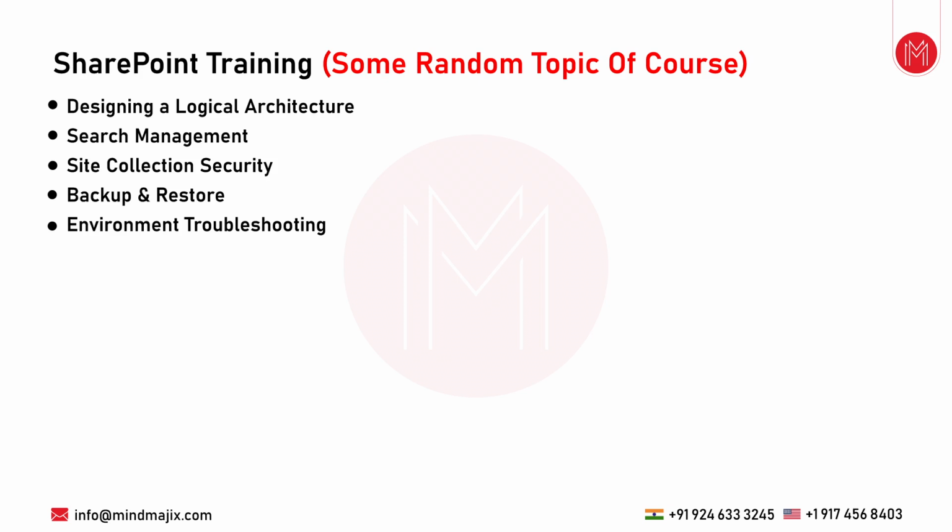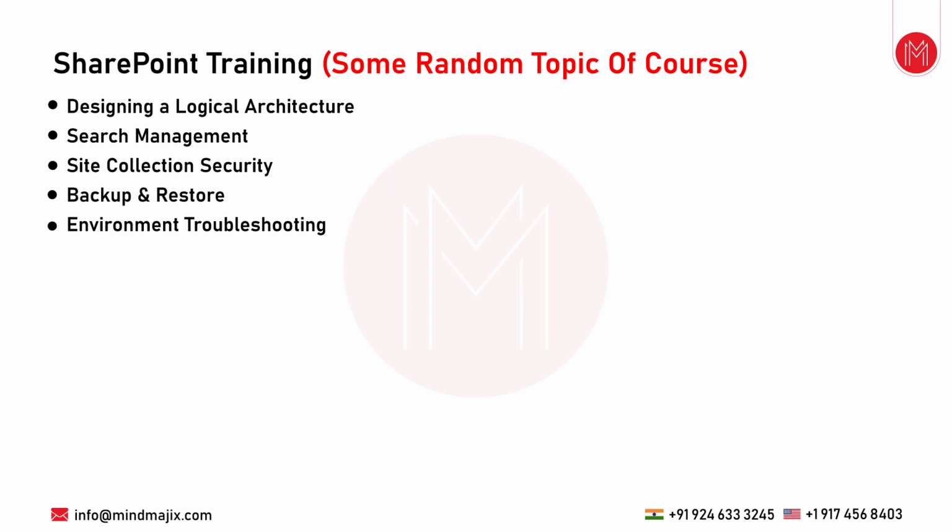And also for the environmental issues, suppose my search is not working, how we are going to fix and troubleshoot that issue, and how we are going to fetch the logs. If we can get any correlation IDs for the site search, based on the correlation IDs, what problem is being faced?